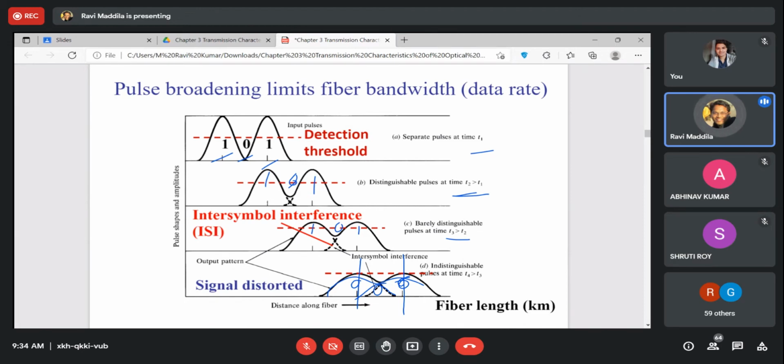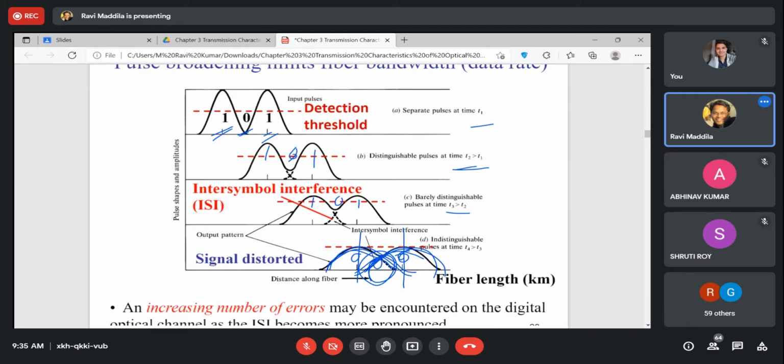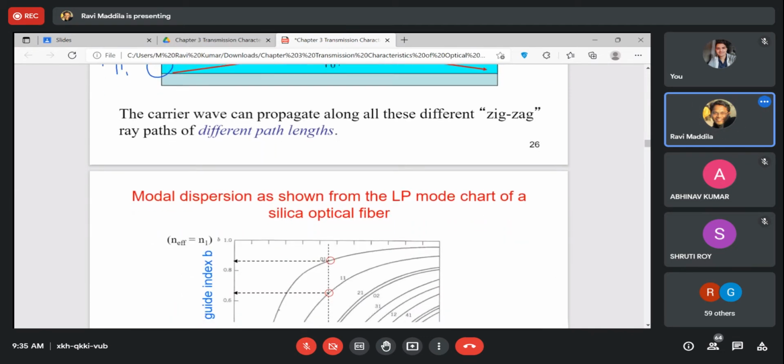This is what is intersymbol interference, meaning we had a 1, 0, and 1, but at the receiving end we see that this pulse is overlapping with this pulse. So we say that we have intersymbol interference.